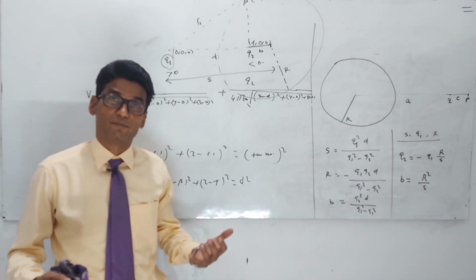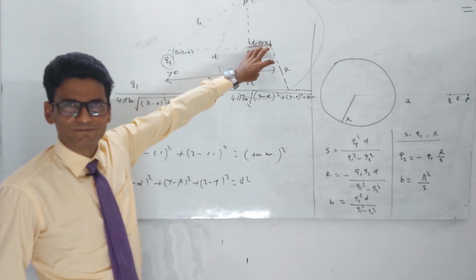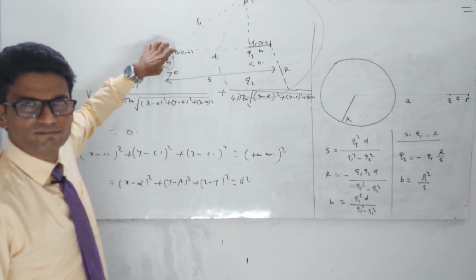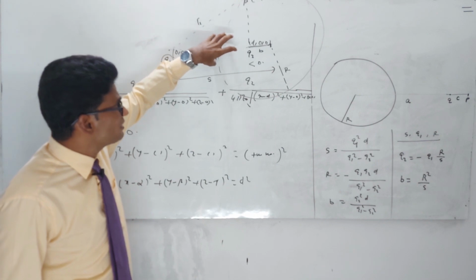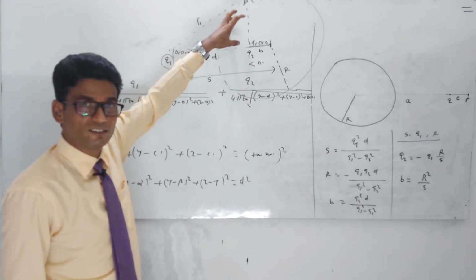So this is called the image method. It means there is no q2 point charge here, only the q1 charge is here. To make the potential of this shell 0, we have to put some charges there.